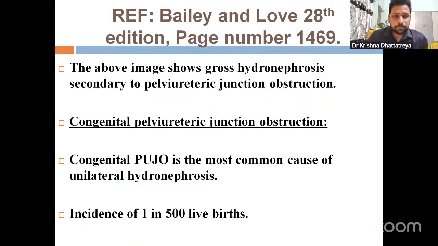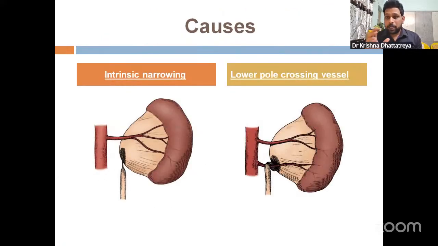Congenital pelviureteric junction obstruction is the most common cause of unilateral hydronephrosis, seen in 1 in 500 live births. What are the different causes? It can be because of an intrinsic narrowing of the ureter. In the first picture, you can see an intrinsic narrowing of the ureter.